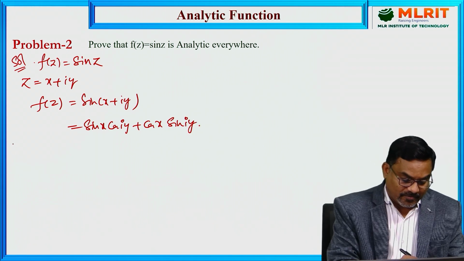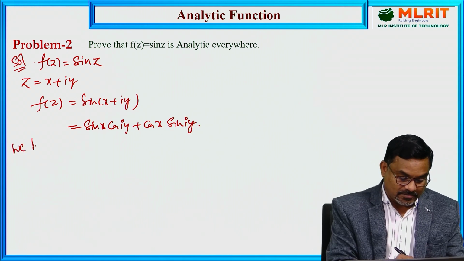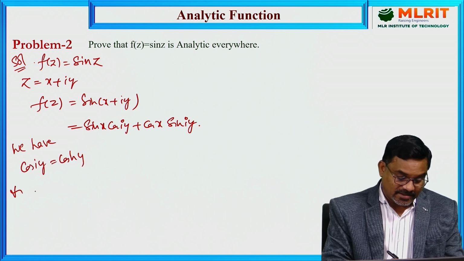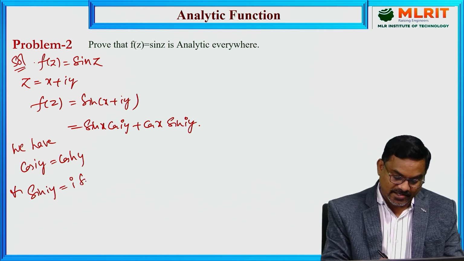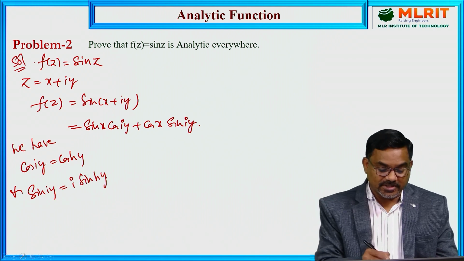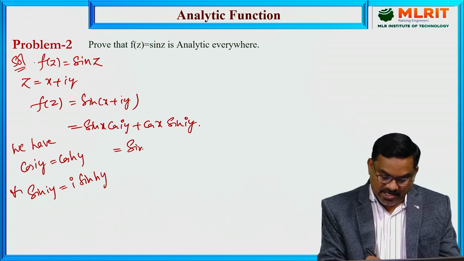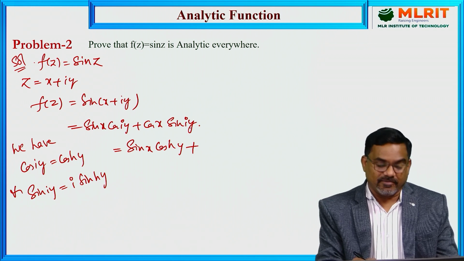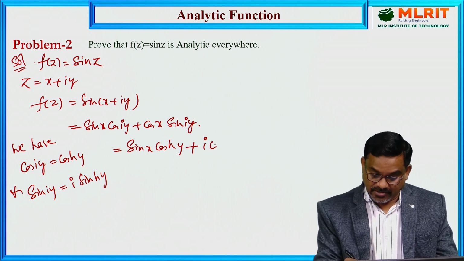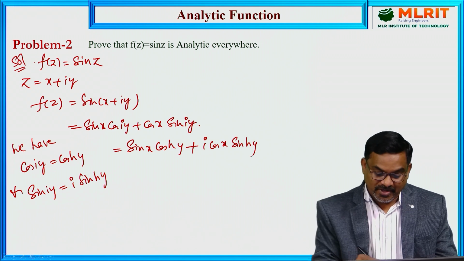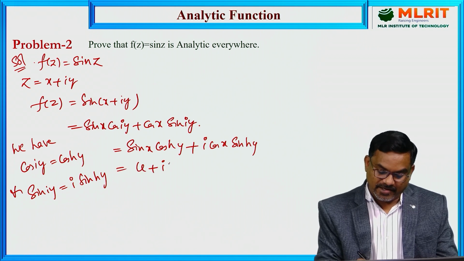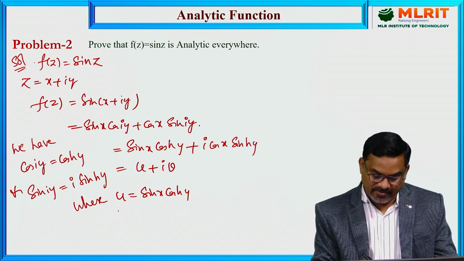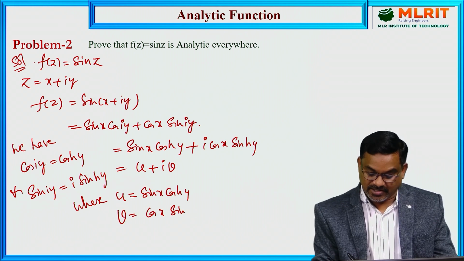Here, again using a known result, we have cos(iy) equal to cosh y and sin(iy) is i sinh y. So, I can simplify this as sin x cosh y plus i cos x sinh y. Now, which is in the form of u plus iv, where u is the first function sin x into cosh y, and v is the second function cos x into sinh y.